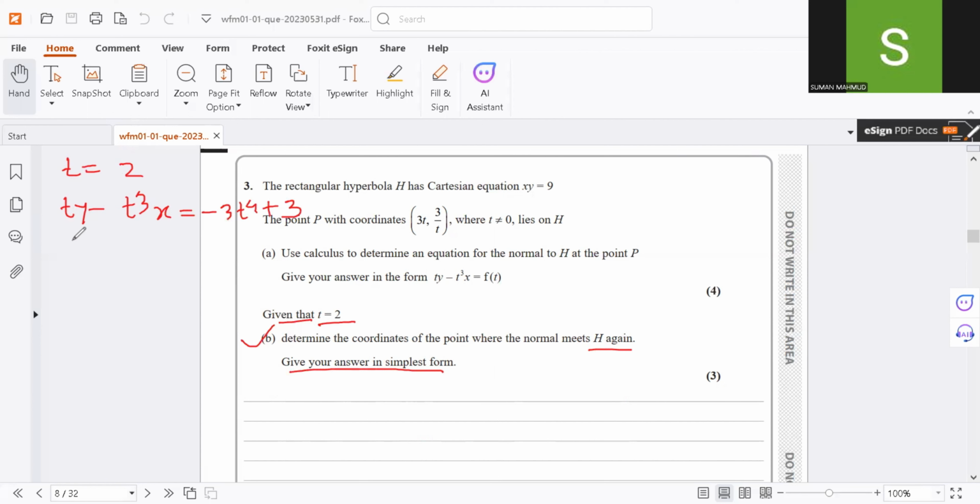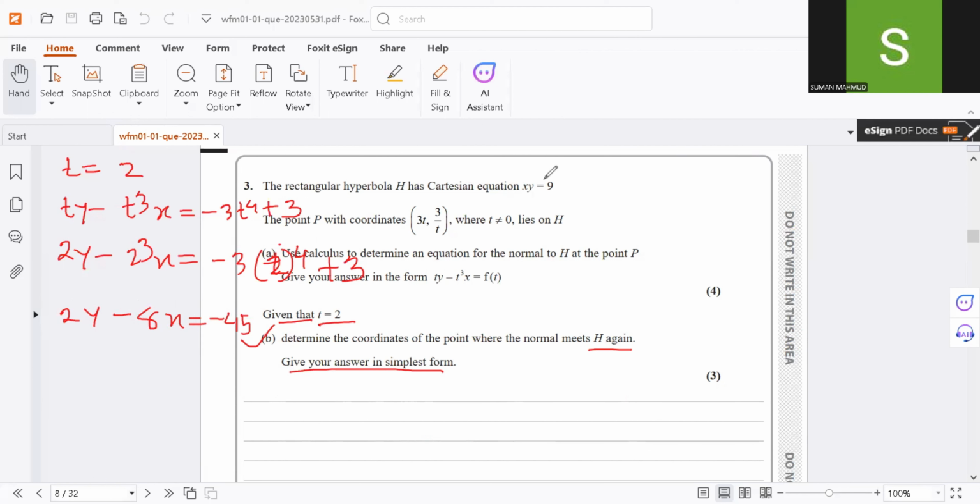With t equals 2, 2y minus 2 cubed x equals minus 3 times 2 to the power 4 plus 3. So we can write 2y minus 8x equals minus 45.